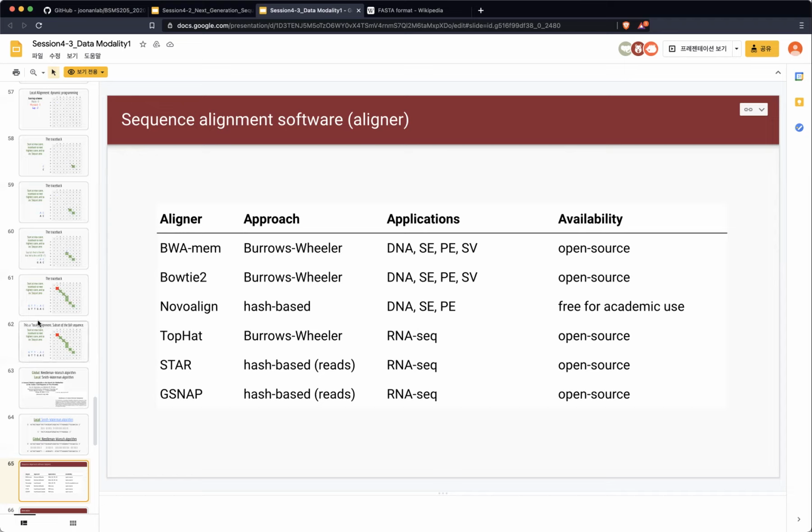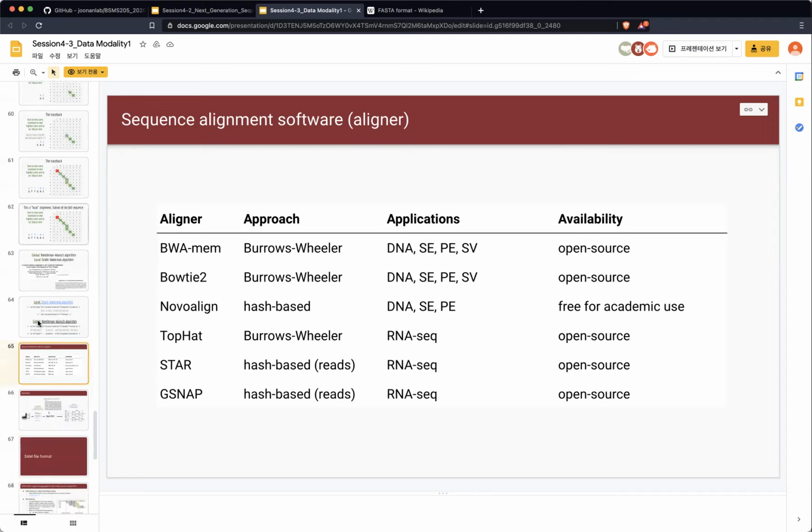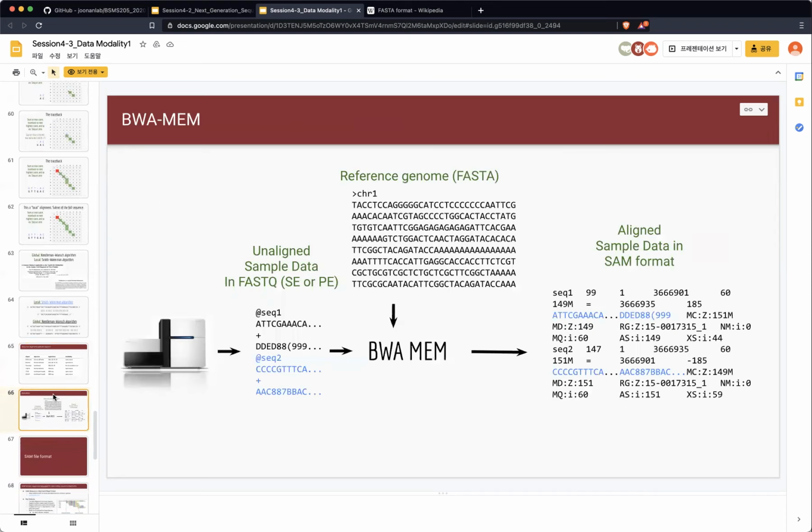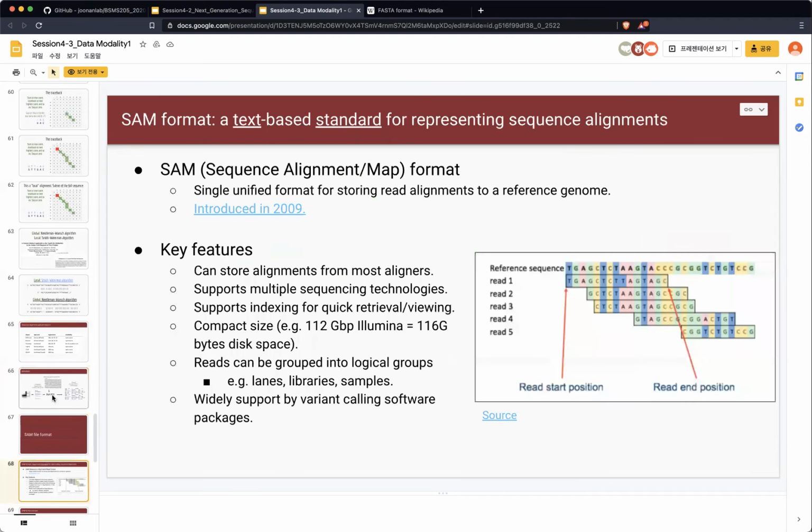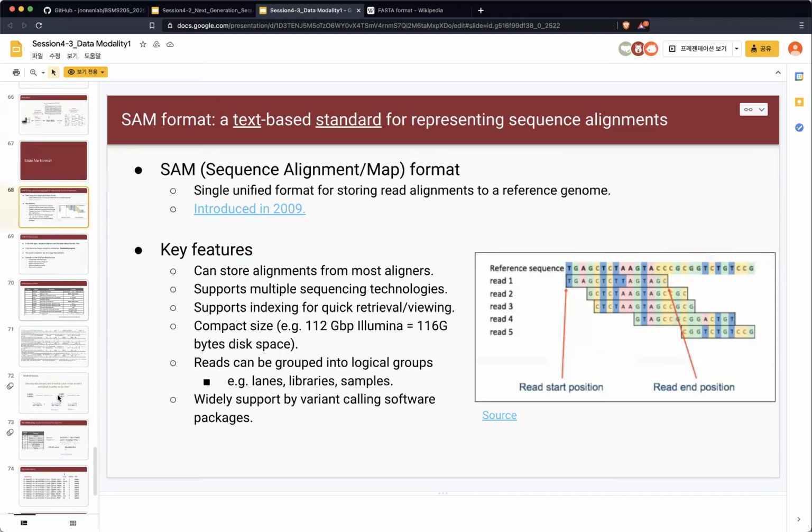If you are super interested in those things, you can follow up on the specifications. Okay, so the SAM format, I think we have to come back to it from here.